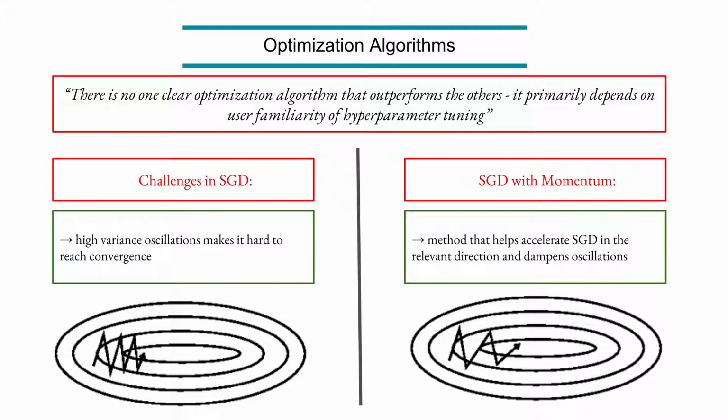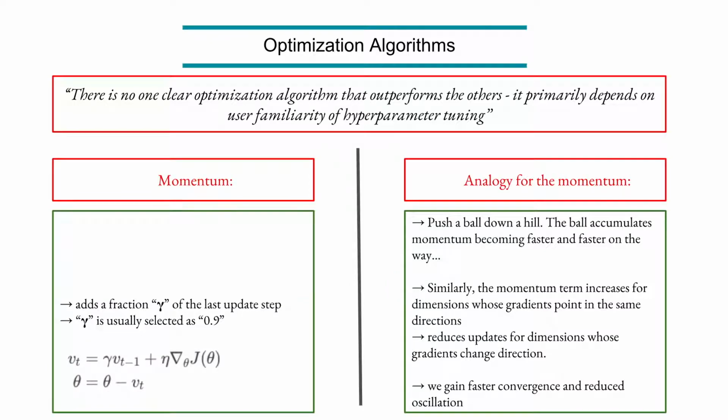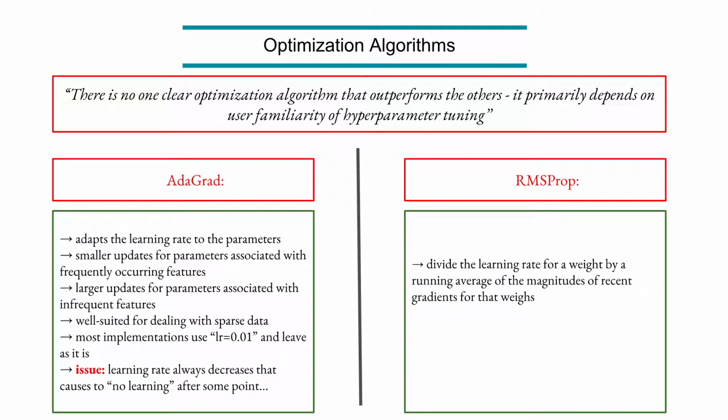So it controls the direction of the current weight update using the previous iteration's update. But there is still the problem I mentioned just now, that it's still possible to go out from the local minima or global minima.